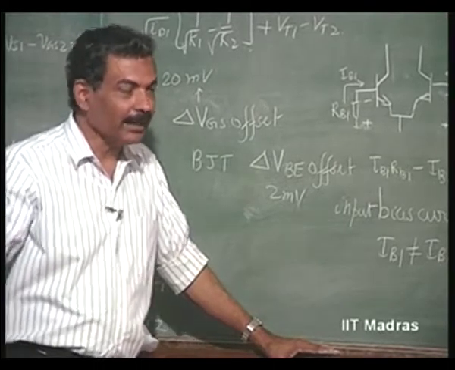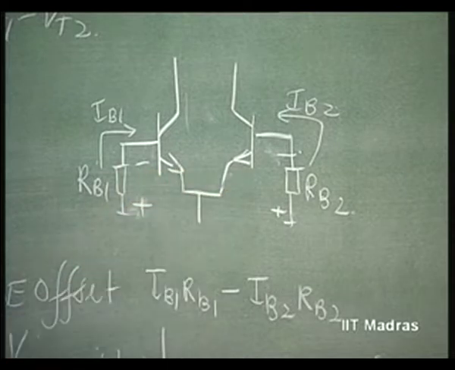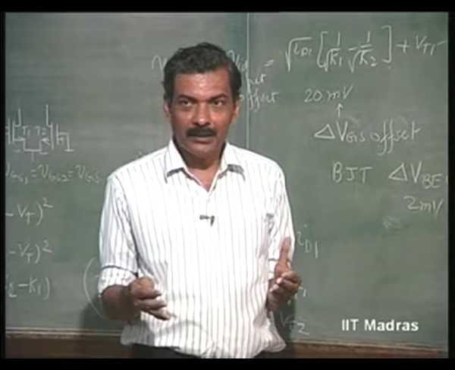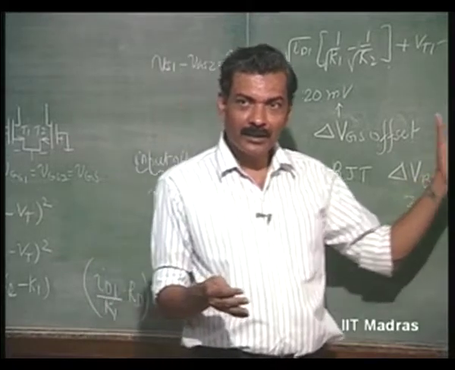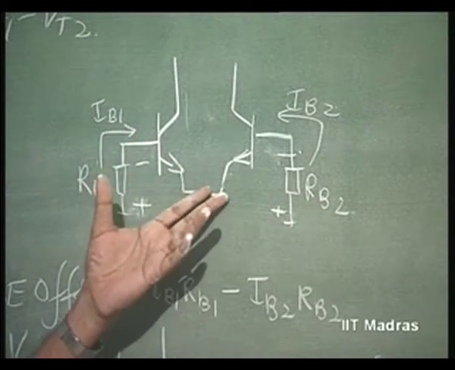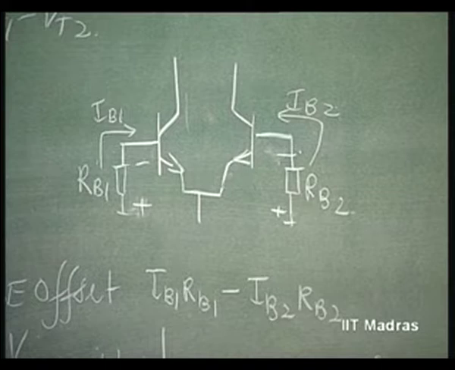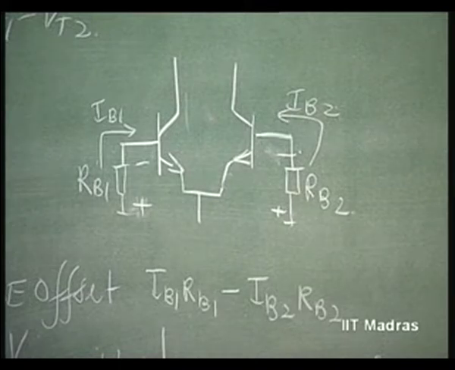It is very bad in the case of a single pair of transistors. The bias current offset is a serious problem in the case of a BJT and when it is a single pair. It is of no concern when it is a MOSFET because bias current is almost 0. So, it is almost non-existent in the case of a MOSFET.